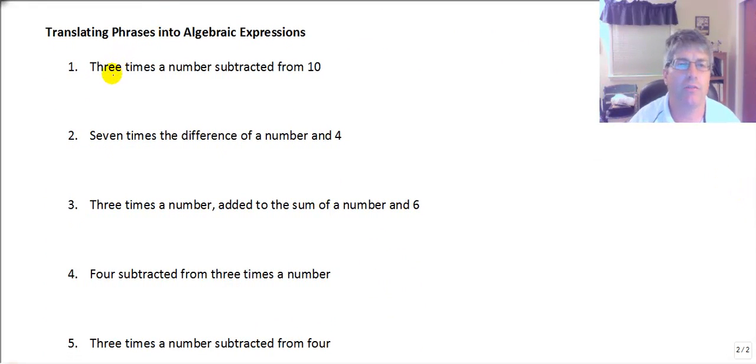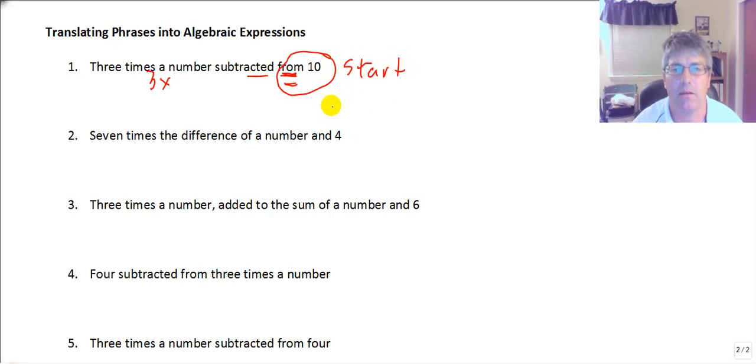Also in this section, we're going to be translating phrases into algebraic expressions. So here are some samples of that. For example, 3 times a number subtracted from 10. Well, 3 times a number is 3x, but we're subtracting from 10, so that must mean we're starting with 10.